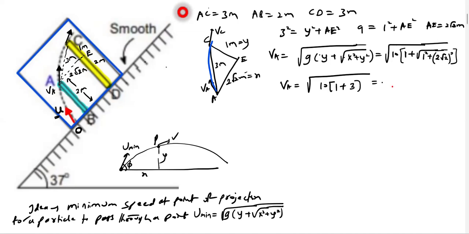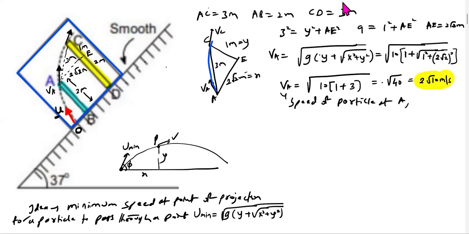This will be root 40, which is 2 root 10. Okay, this is the speed of the particle at A.